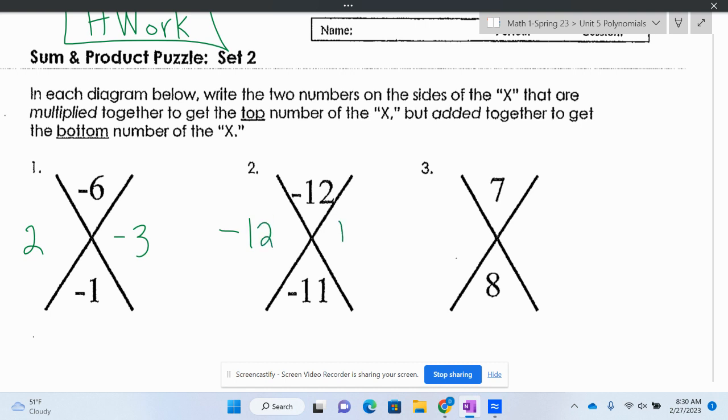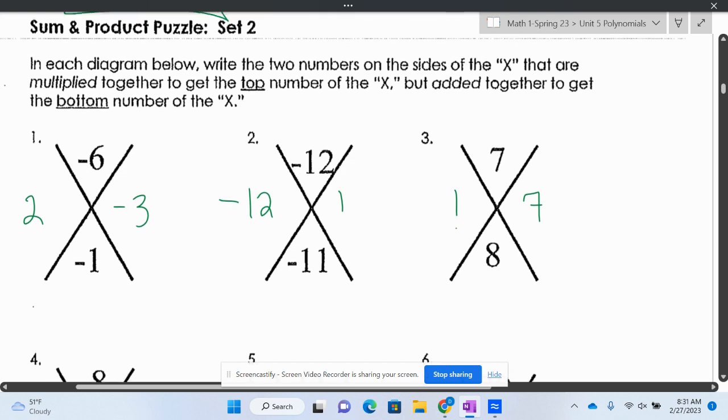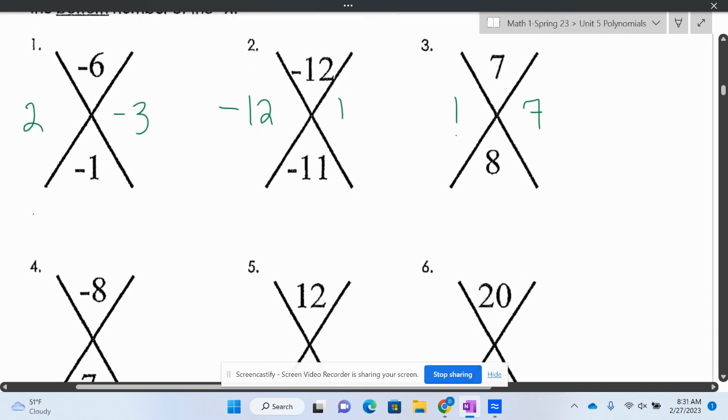Yeah. Two numbers that multiply together to 7, Hayden, that add up to 8. 1 and 7. Those are the hardest ones for me to identify when I multiply by 1. I don't know why, but that just always throws me off. It should be easy, but it messes me up.